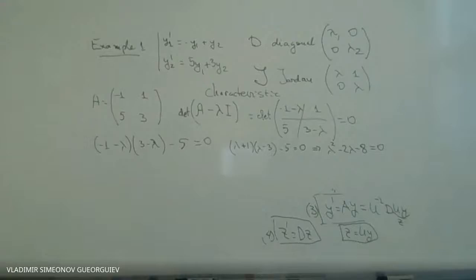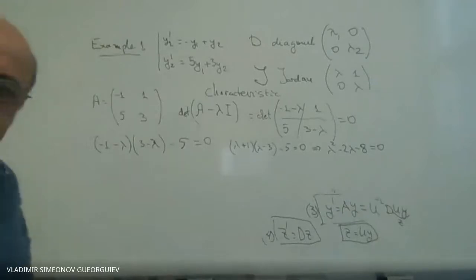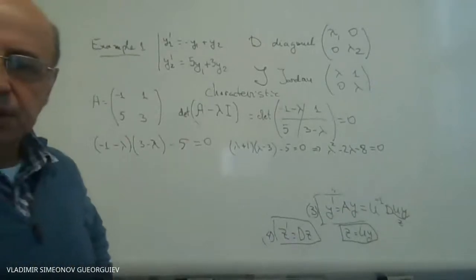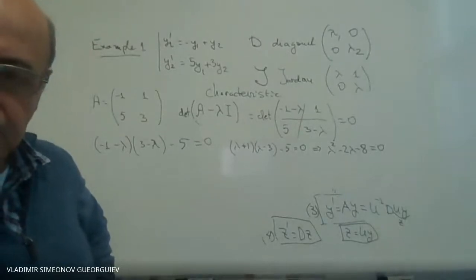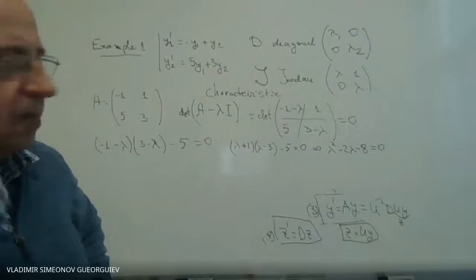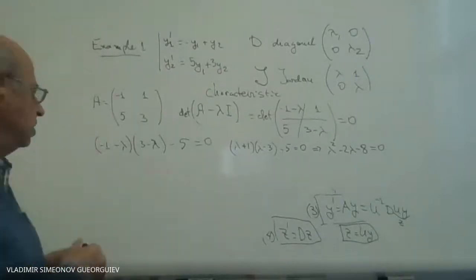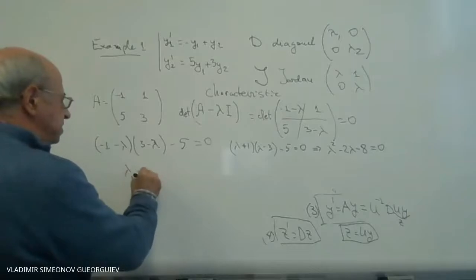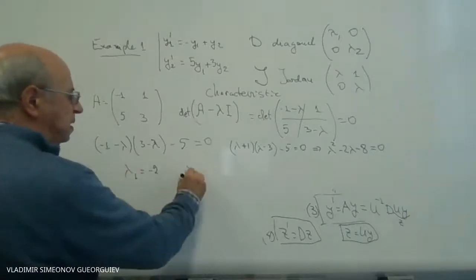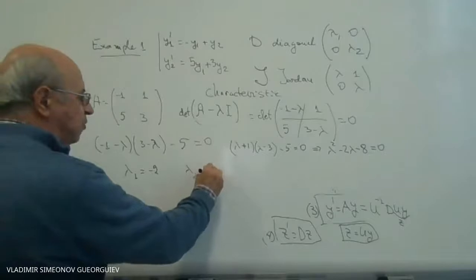What do you think? What shall be the root of this equation, one of the roots? Let's see if you have some proposal via chat. Yes, Martina already answered, minus 2 and 4. So we have lambda 1 is minus 2, lambda 2 is 4.